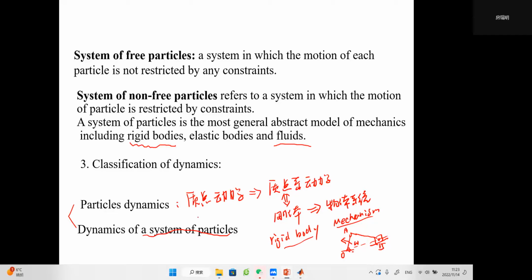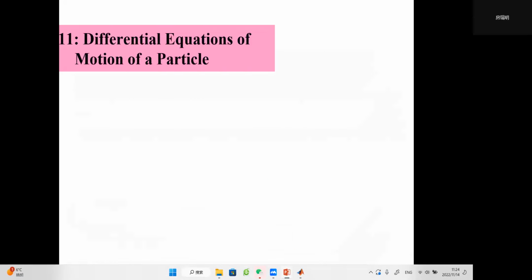We start to learn some particle dynamics, then we are going to study the dynamics of a system of particles. Then this knowledge can be used for rigid bodies, or systems of rigid bodies, or mechanisms, right? So that's the brief introduction of this part.